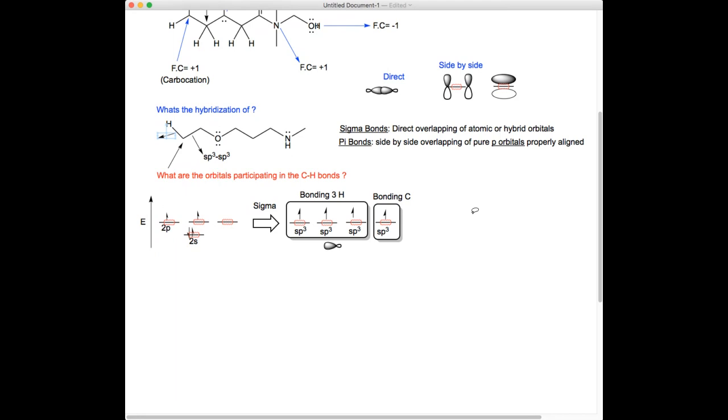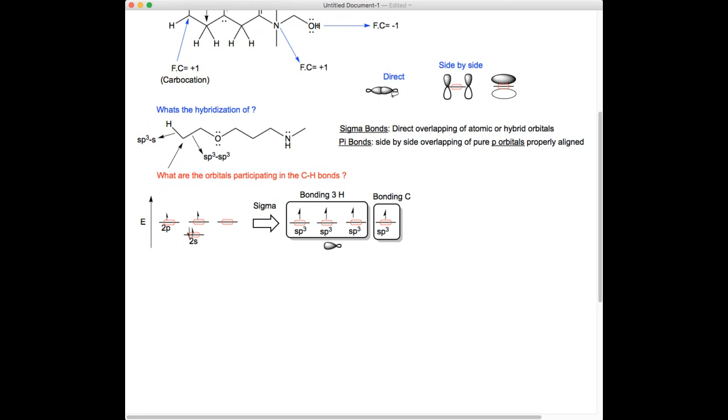So one from each atom. Which orbital is the carbon providing for that sigma bond? The carbon is providing an sp3 orbital. Beautiful. And what about the hydrogen? What orbital is the hydrogen providing for that bond? It is the 1s orbital, because there is only one orbital in hydrogen. So that's a sigma sp3 s.